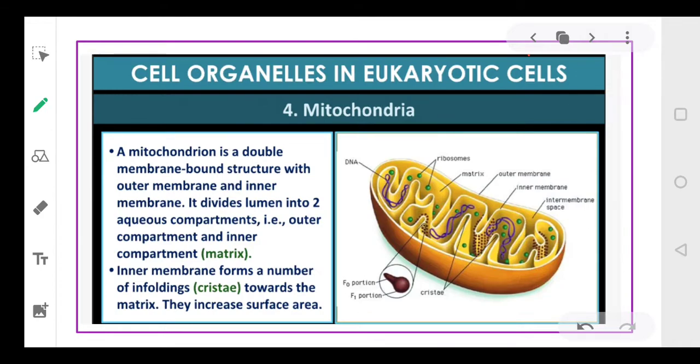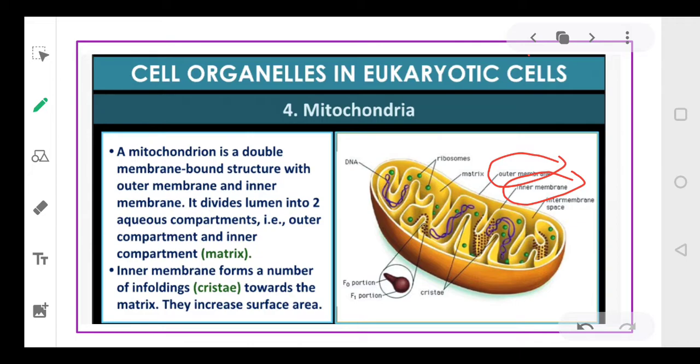Now basically if we focus on the mitochondrion, dear students, it's a double membrane structure. As you can see here, this is the outer membrane and this is the inner membrane. So mitochondria is surrounded by the two membranes, the outer and the inner membrane, and the space between these two membranes, can you see this?